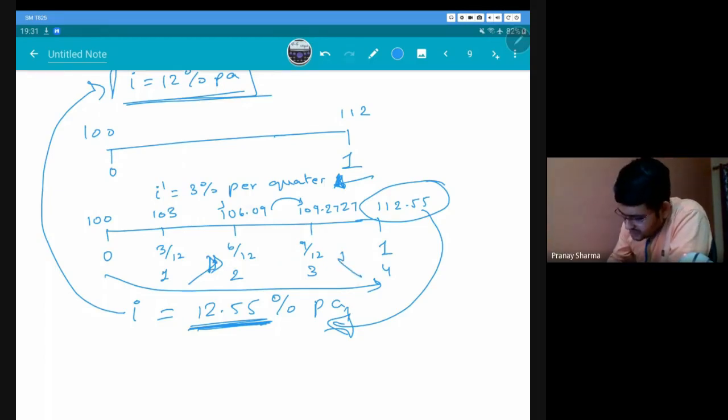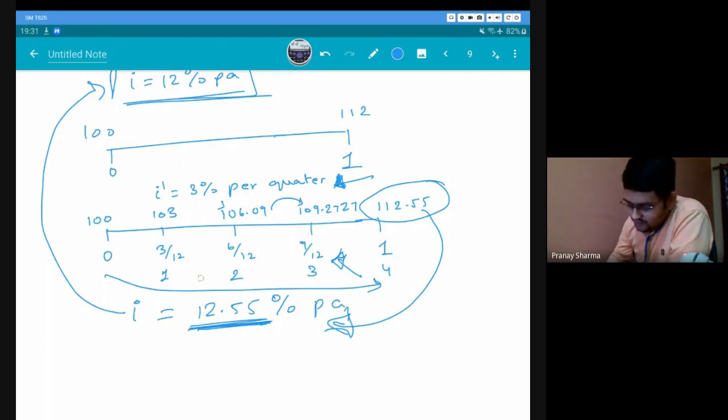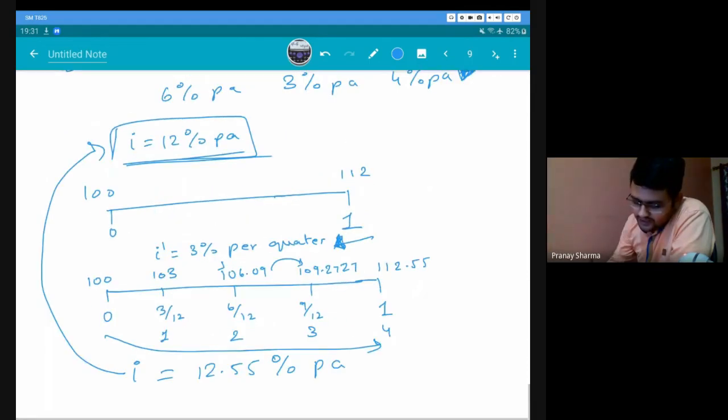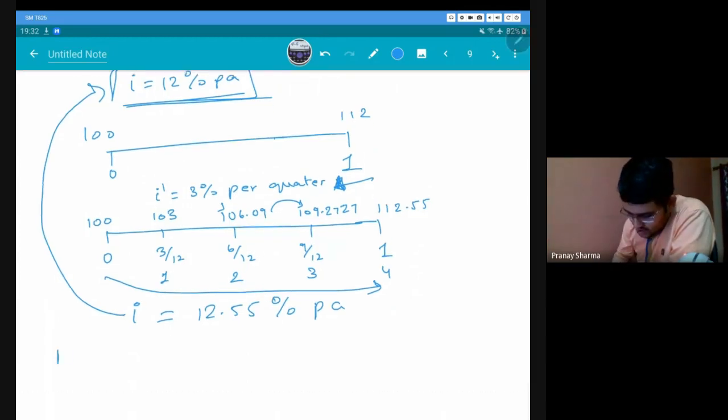In 9 months you will get 9.27 rupees. The person who does not understand compound interest will not be able to follow why there are so many different rates. So for the sake of simplification, the bank will only say that the rate of interest is 12% and we are giving you interest every quarter. Now that simplified rate of interest is called the nominal rate of interest.